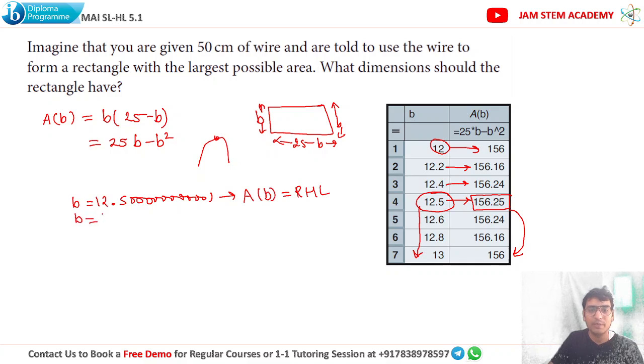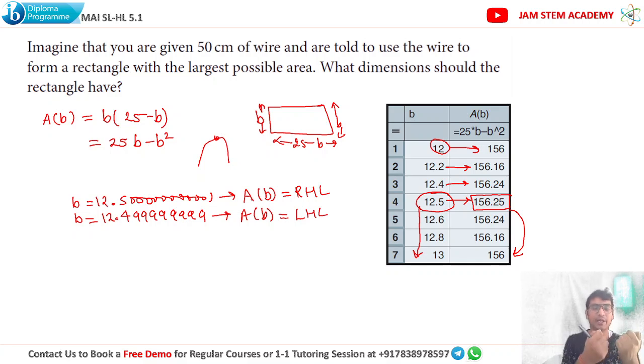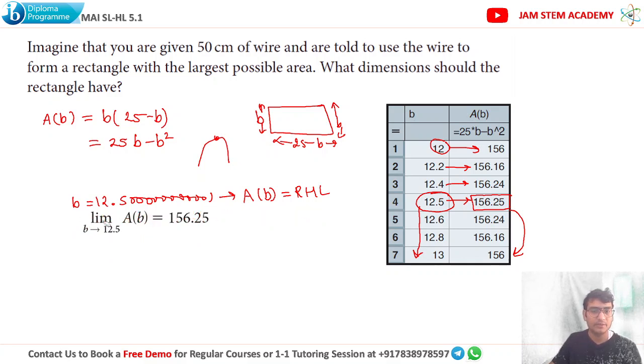But if I choose a number which is 12.499999, the corresponding value of area from here is called the left hand limit. If these two, the left hand limit and right hand limit, are the same, then we say that is the limiting value of the function and it is represented like this: area is limit as b approaches 12.5.